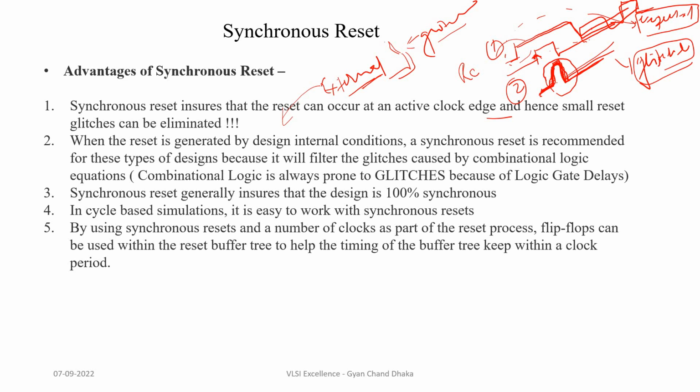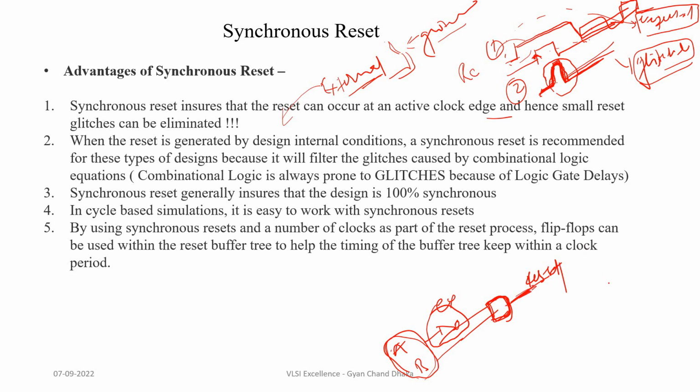Suppose this is our internally generated reset signal, and we have something like this, A and B, and the AND gate output is the reset signal. Because of the delay inserted here, both A and B signals are not getting asserted at the same time, and we can have a glitch at the output of the AND gate.